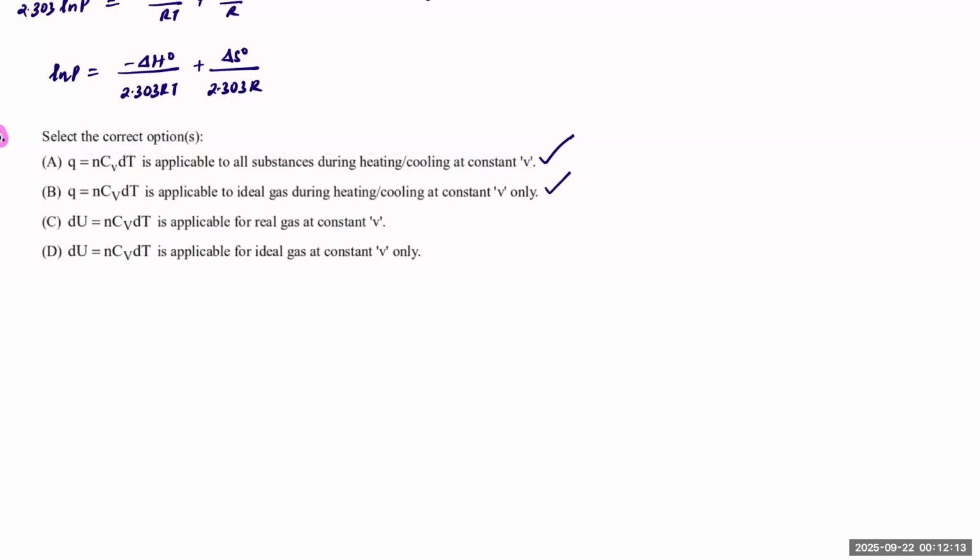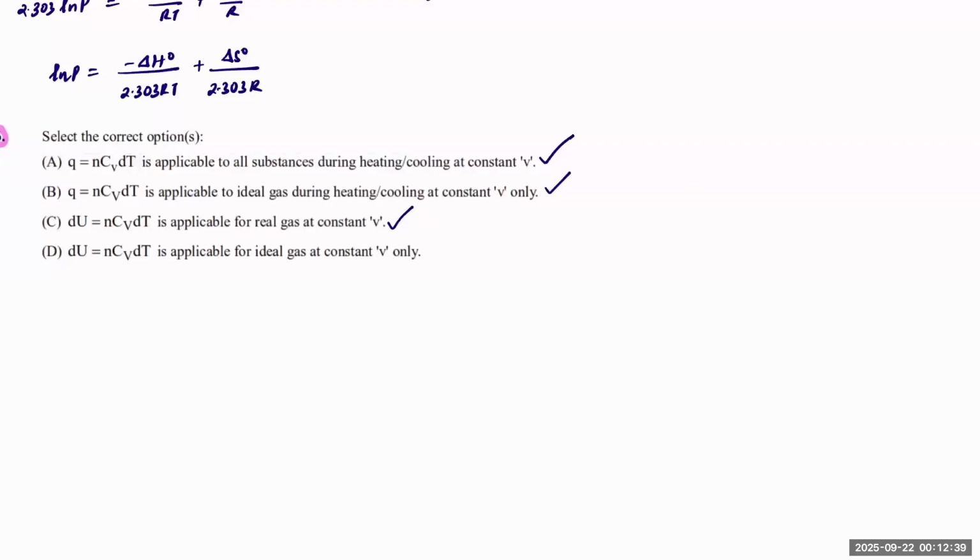Clear? Right. So next, check out what would happen in this case. dU is equal to nCv dT, that is applicable for real gases at constant volume. Okay, so this is also true. Can you recall the formula with which we have written it for ideal gases?